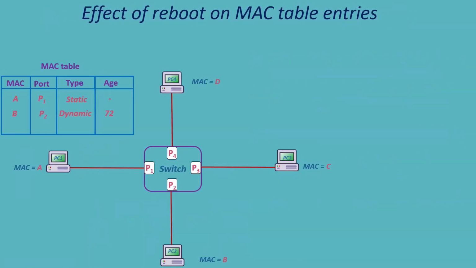Now, moving on to the next topic, the effect of reboot on MAC table entries. Whenever we reboot a device or a switch, the static MAC entries don't get affected. When the switch reboots, powers up and comes back online, the entry will appear again.